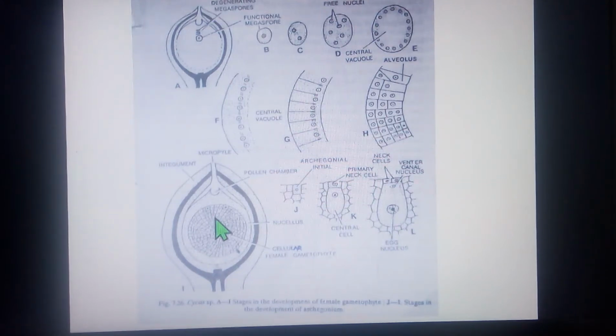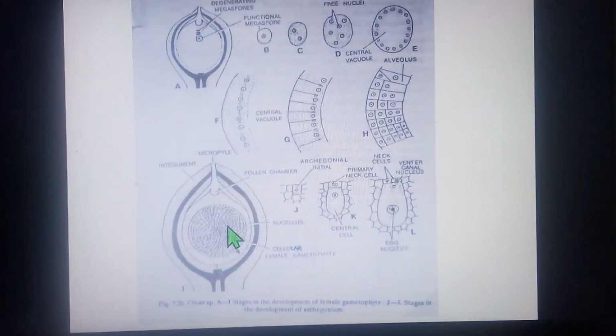Okay. So remember this one, it's very important that the region of larger cells are found near the chalazal end, while the region of smaller cells are found towards the micropylar end. And the archegonia begin to develop on the germinated megaspore.